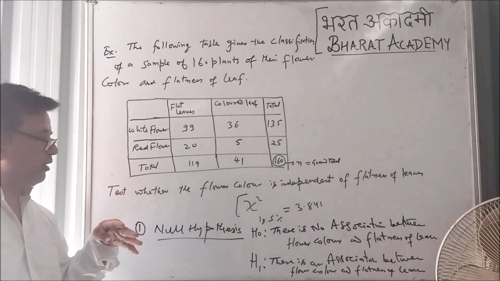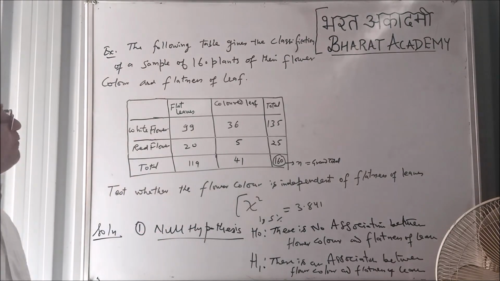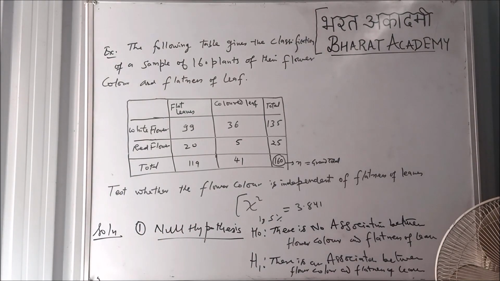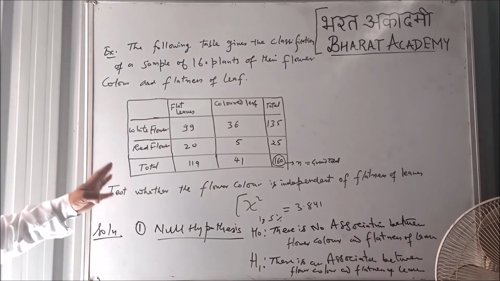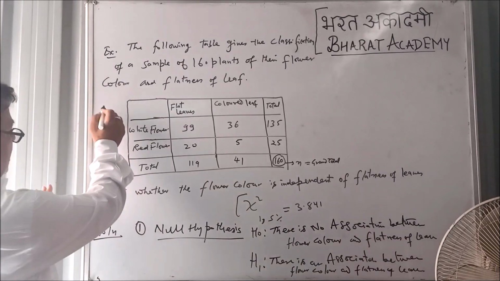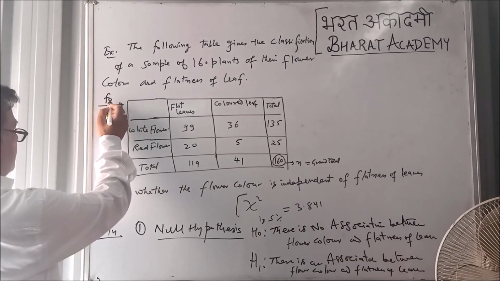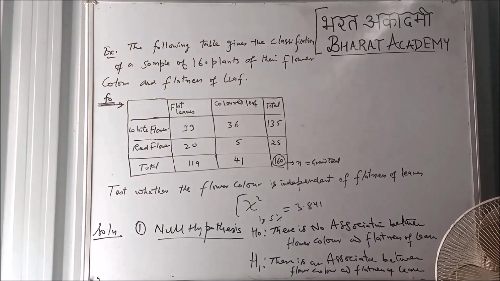This was the first step in hypothesis testing, and the next step is to find the calculated value of chi-square. For this, you have to find observed frequency and expected frequency. The frequencies given in the questions are always observed frequencies. These are your observed frequencies.